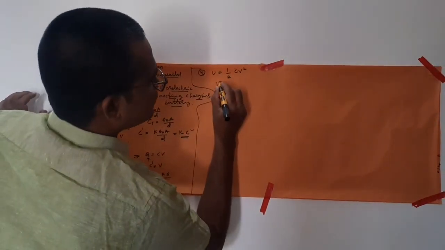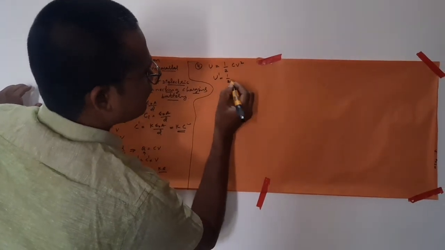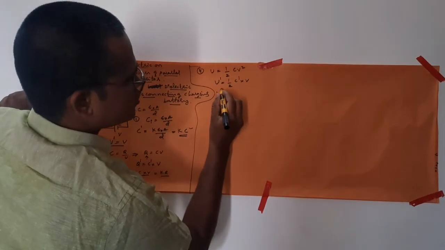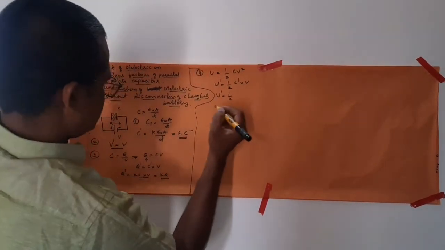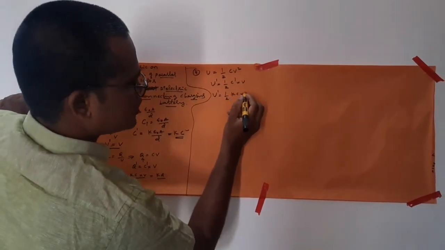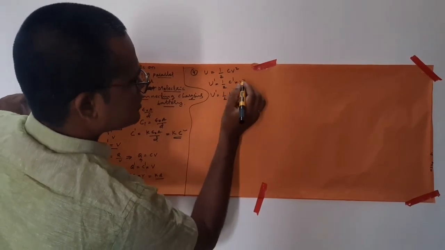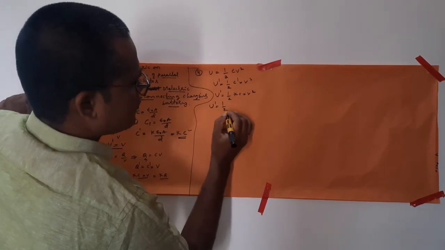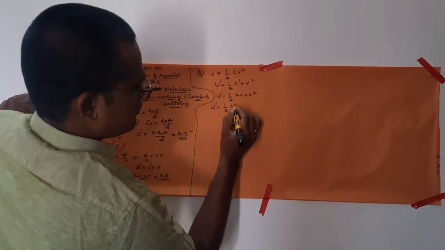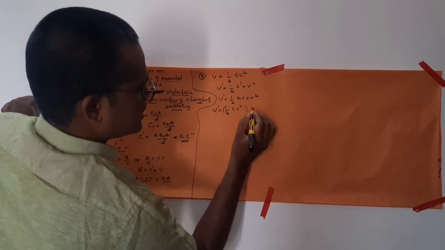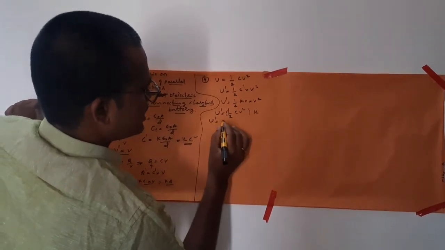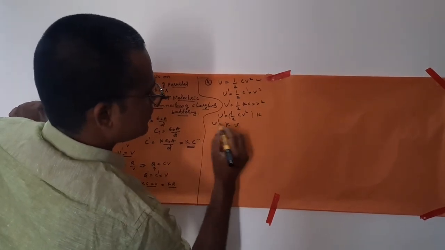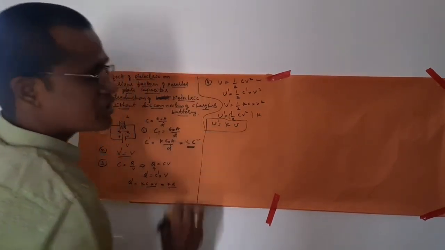Therefore the final energy stored, U dash, is equal to half C dash V square, since the potential difference doesn't change. C dash is K into C, so U dash is half C V square times K. Therefore the energy stored will be K times the initial energy stored, U. So the energy stored will also increase.